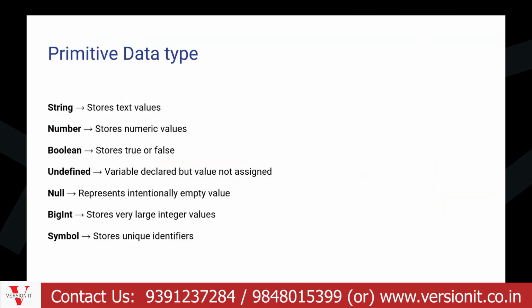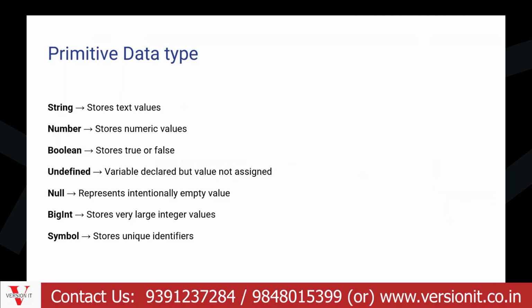Before going to these data types, we discussed the memories, considering that primitive data types will be stored in stack memory. In JavaScript, there are these primitive types: string, number, boolean, undefined, null, BigInt, symbol. So let's discuss all of this today.